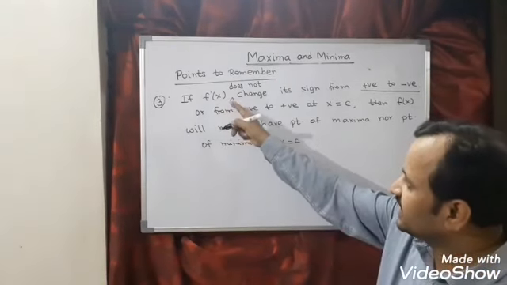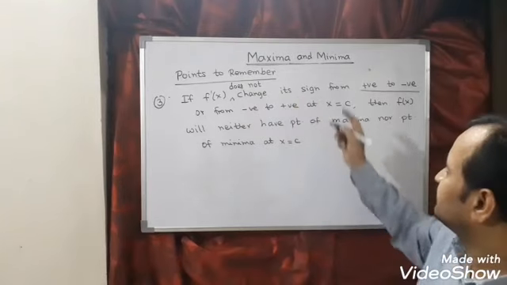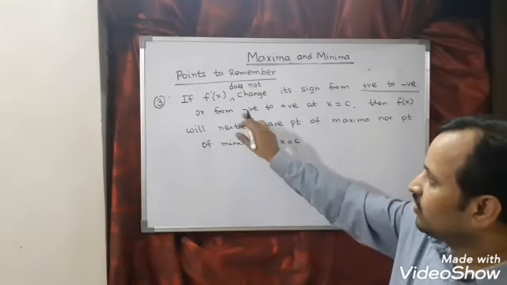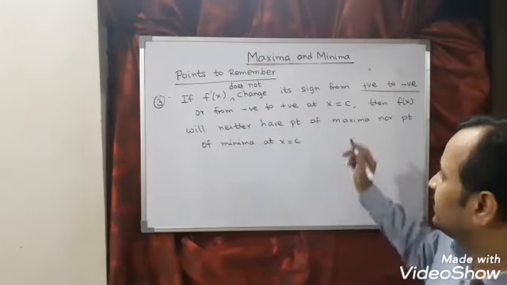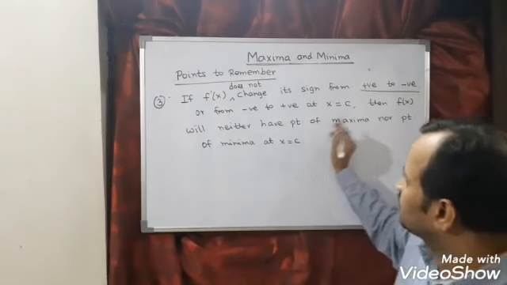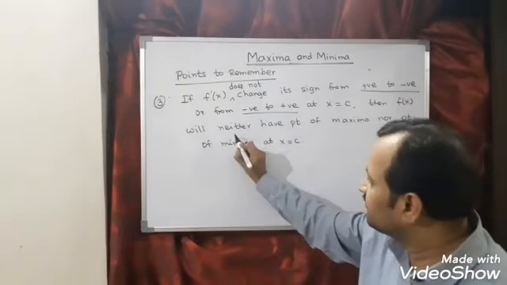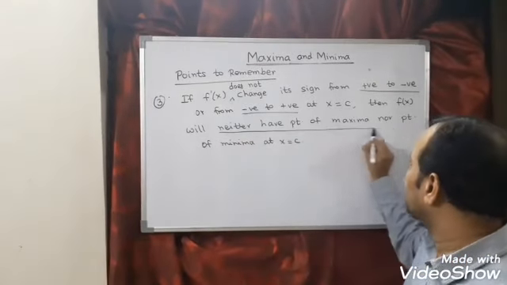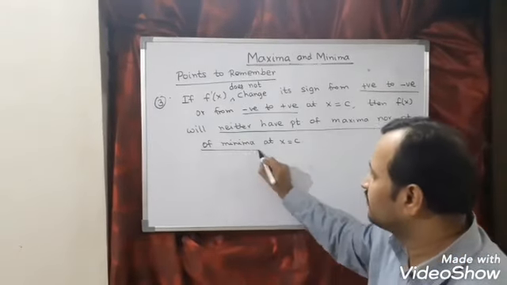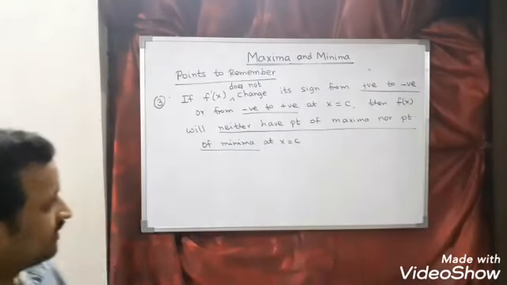So if f dash x does not change its sign from positive to negative or from negative to positive at x is equal to c, then f of x will have neither a point of maxima nor a point of minima.